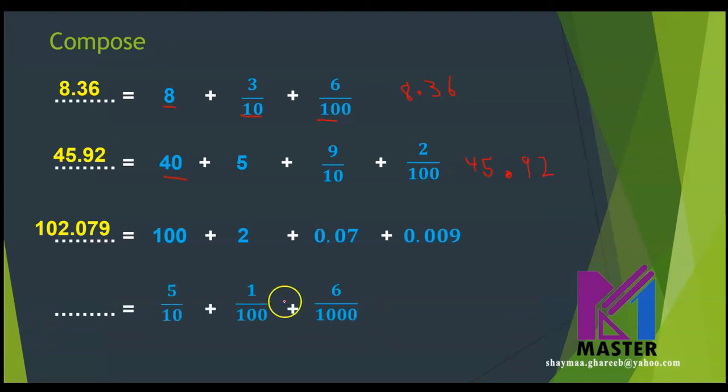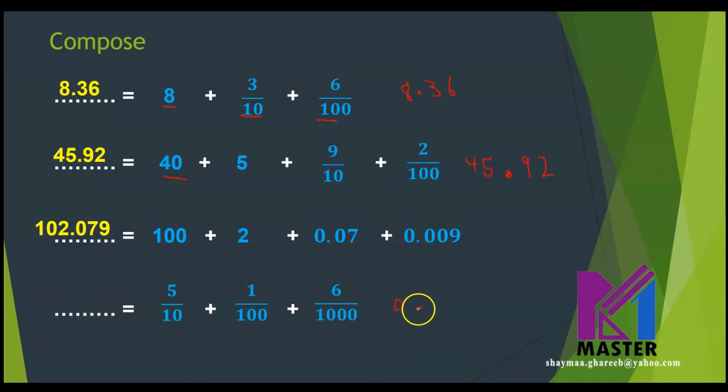Now, let's see the next example. We have 5 over 10, which is 5 tenths, which means 5 in the tenths place, 1 over 100, which means 1 hundredth, 1 in the hundredths place, and 6 over 1000, which is 6 in the thousandths place, or 6 thousandths. So do we have any units or ones? No, so I will put 0.